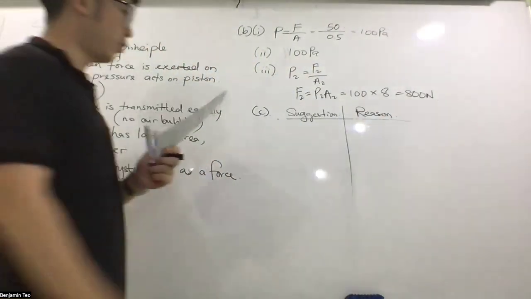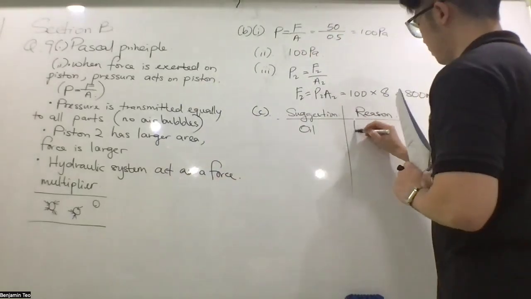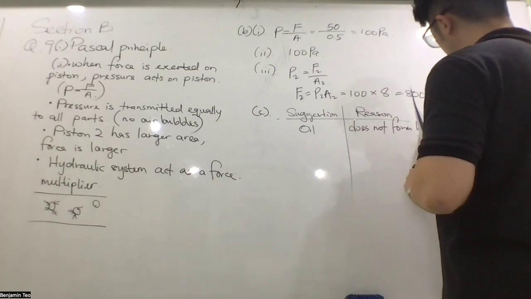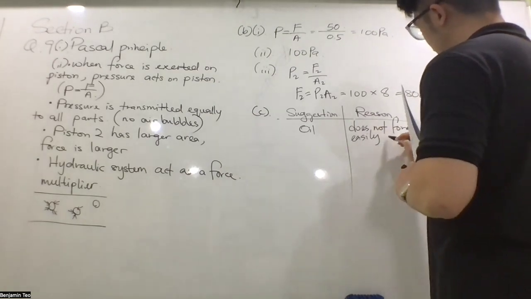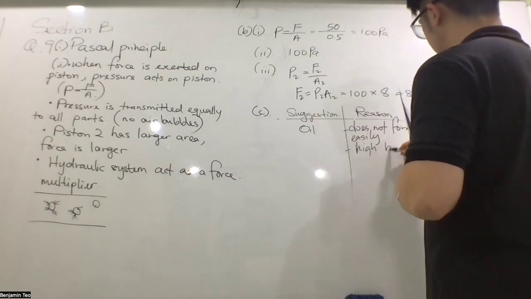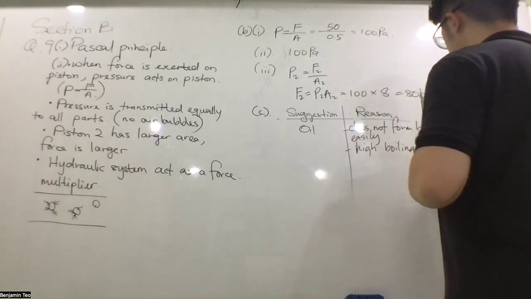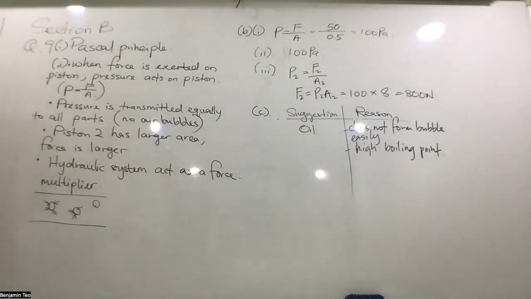Number one, oil. So as mentioned, does not form bubble easily. Other than that, you can say high boiling point, so that when the engine or whatever mechanism heats up, it doesn't boil.